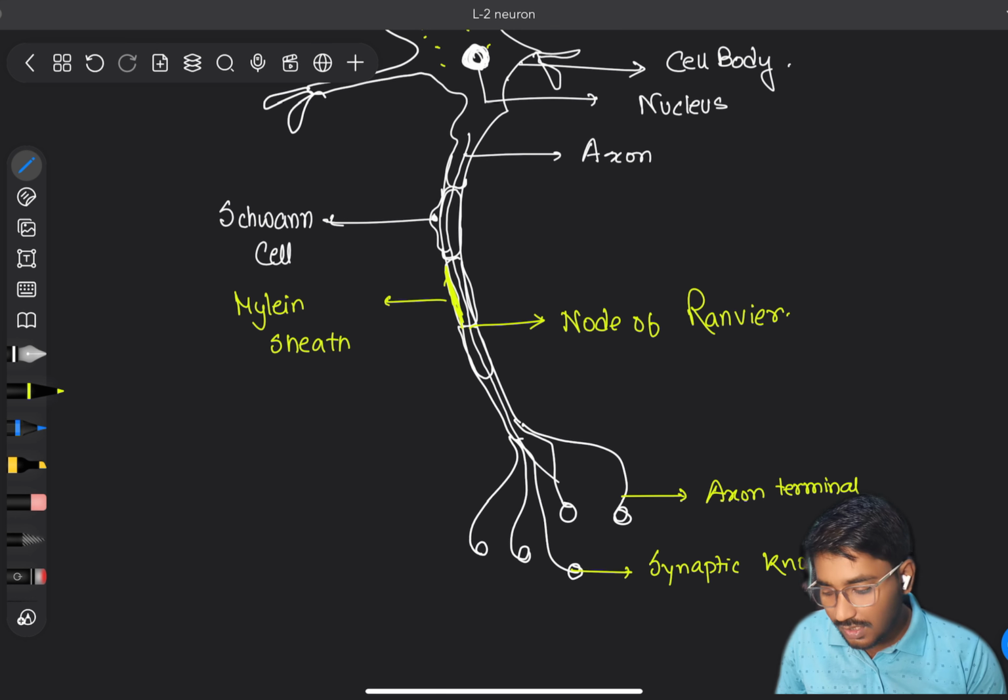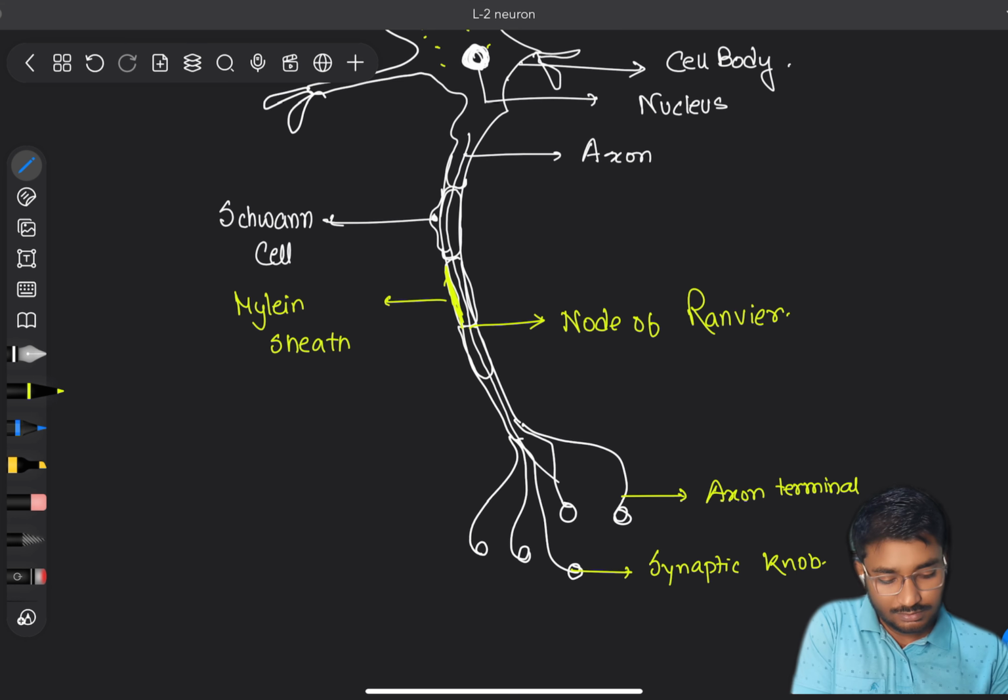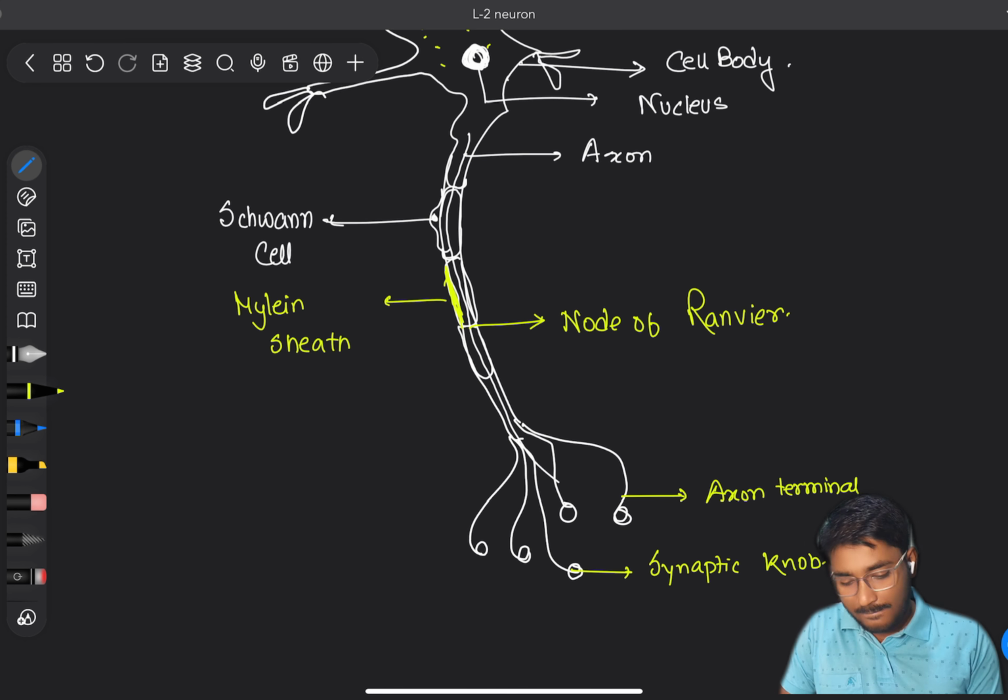Okay. Now come to the next topic, the neuron.